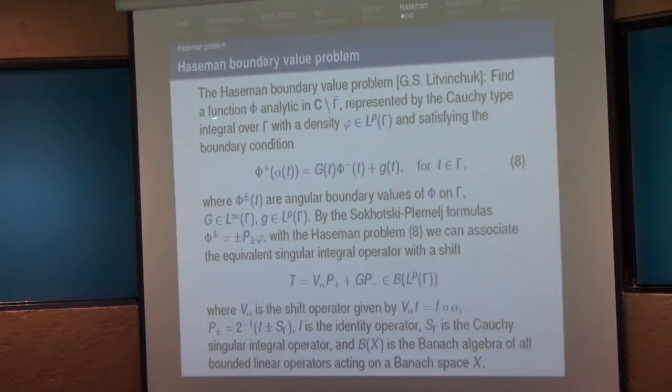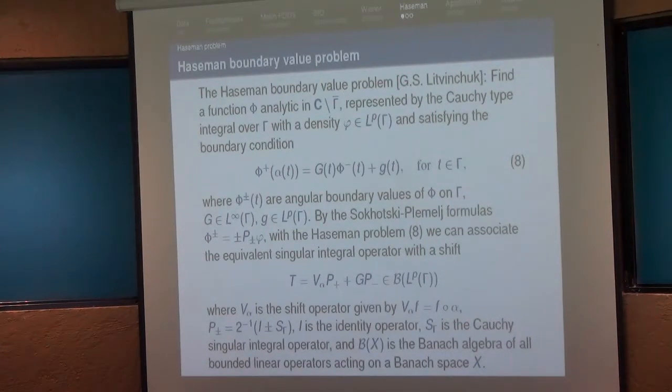The problem is to find a function phi analytic in the complex plane without the closure of the curve gamma, represented by a Cauchy integral operator over the curve gamma with such density in the space LP and satisfying the boundary condition. So this problem is related to the problem of gluing of surfaces, when we have some points not the same for two sides of this related gluing point T with point alpha of T.